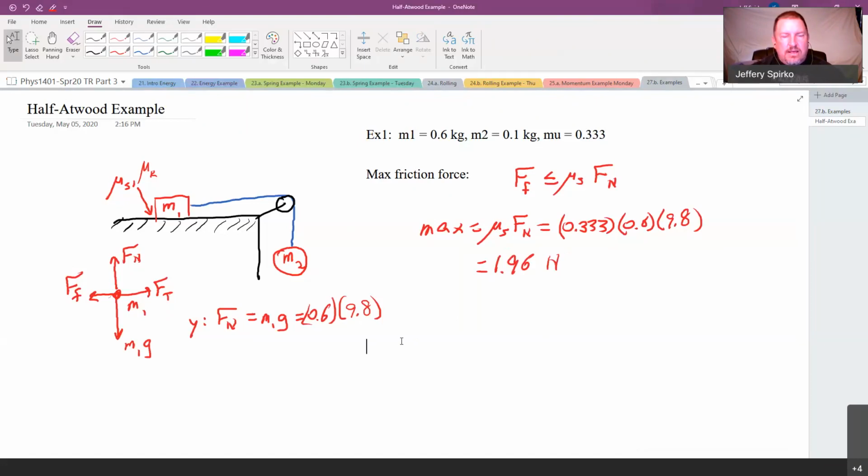So now let's figure out the system equation. With the system equation, we're looking at external forces. That is this one, M2G, and this force here, force of friction.